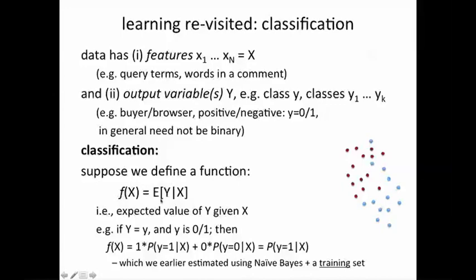Directly trying to find estimates of f is what more sophisticated machine learning techniques like support vector machines end up doing. They do other complicated things like changing the nature of the space.